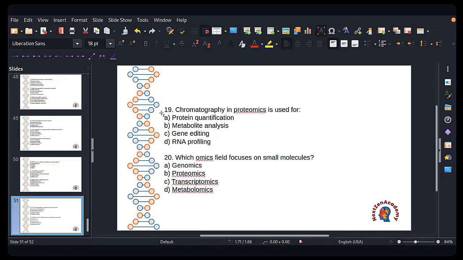Okay, next question. Chromatography in proteomics is used for protein quantification, metabolite analysis, gene editing, RNA profiling. Yeah, for protein quantification.